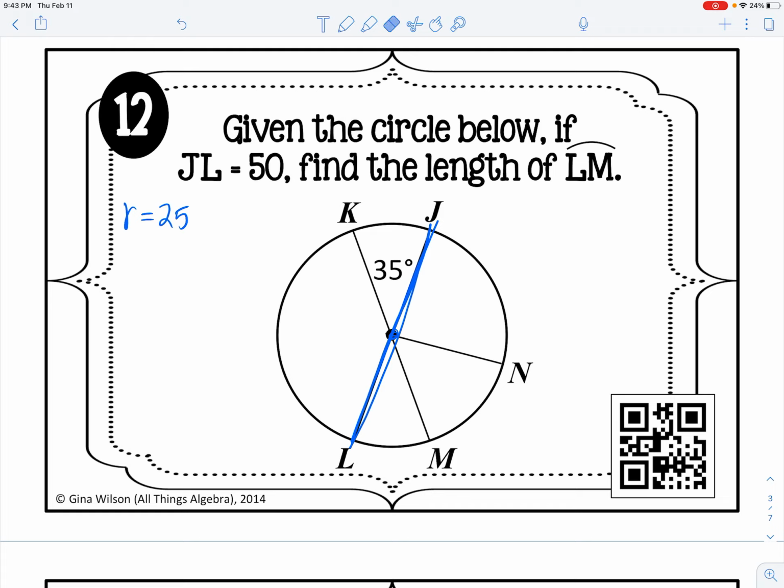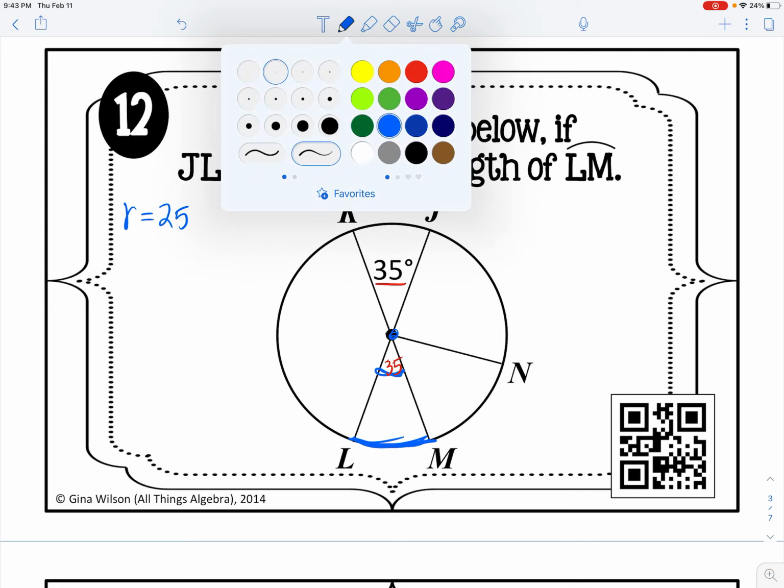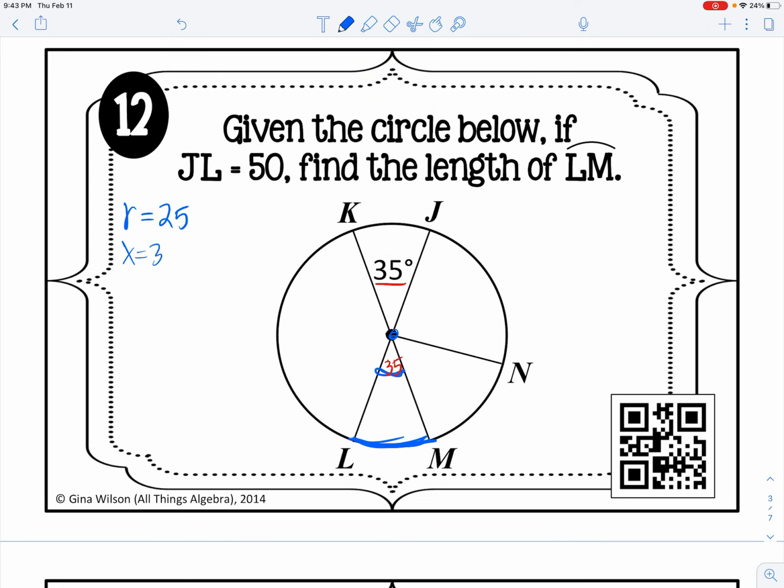We want to find LM, this guy right here, so we need to know this angle. We know this one's 35, so that means this is 35. X is 35 degrees.